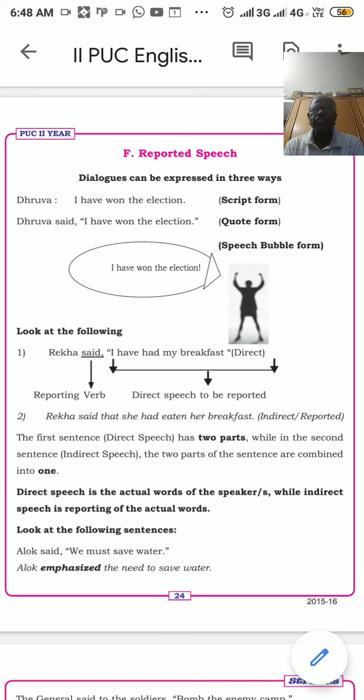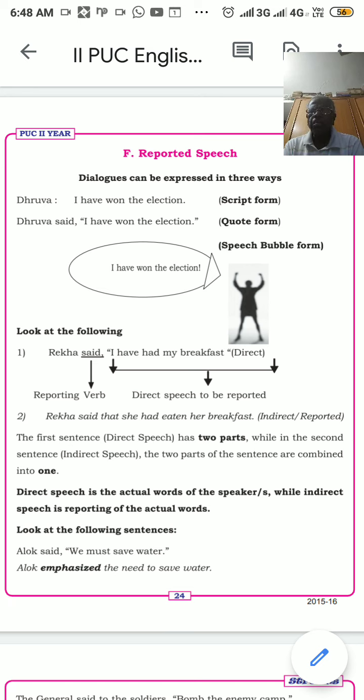Then, here becomes there, this becomes that, today becomes that day, yesterday becomes the previous day, tomorrow becomes the next day, come becomes go, last becomes previous. So these are the words, they have to be changed. That means words expressing nearness in time and place are changed into words expressing distance.